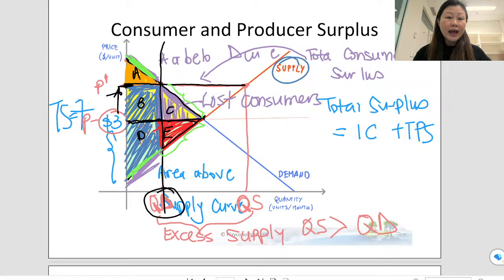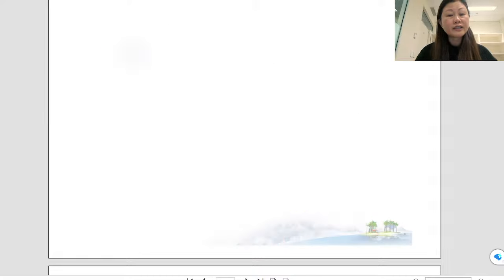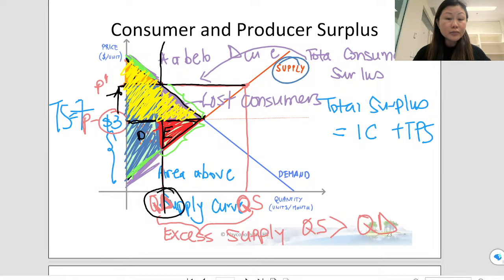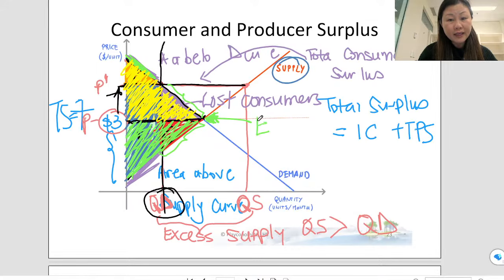So when we look at the graph, initially all of this would be yellow, and I consistently use yellow to indicate consumer surplus, and green to indicate producer surplus, and the intersection of that is your equilibrium point.